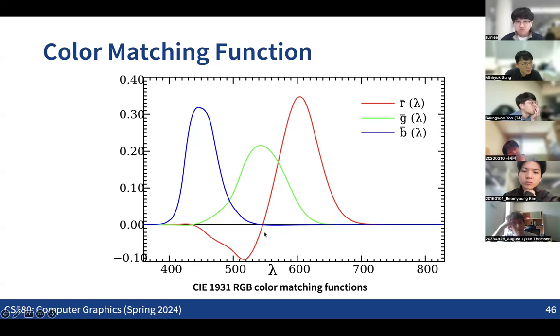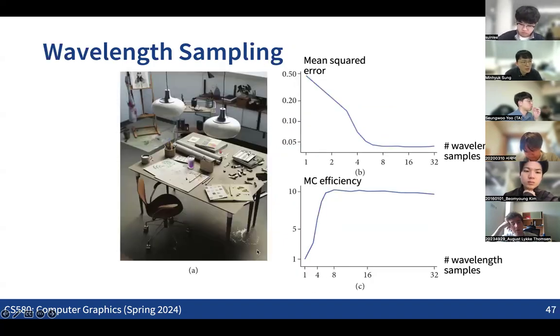If you are interested in why we see negative coefficients, I'd recommend you check out the CS380 course, where we describe more details about the color matching function. Basically, all these color spaces can be represented as combinations of the color matching function.